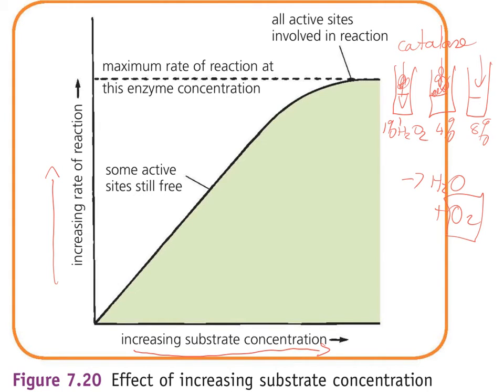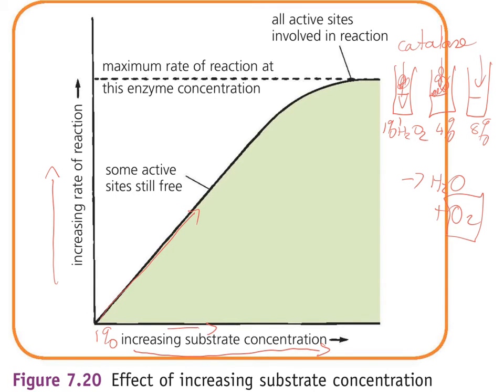So down here we're looking at a situation where we've got maybe our 1% hydrogen peroxide, and the rate of the reaction is pretty low because there's not very much substrate there for the catalase to work on.